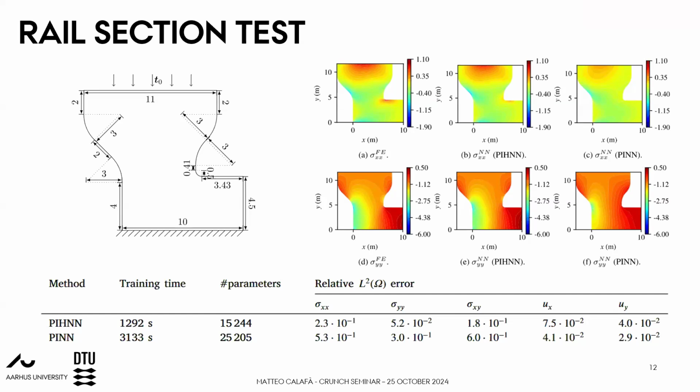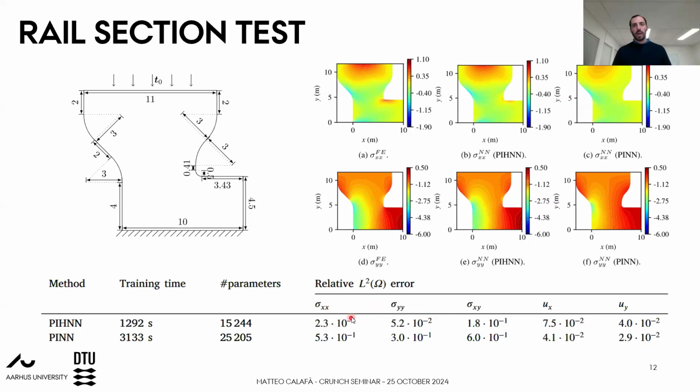How do you explain that the displacements are worse here than the vanilla PINN? So unfortunately, we wanted to also show the displacement in this slide, but there was not enough space. Let me start from a general consideration.